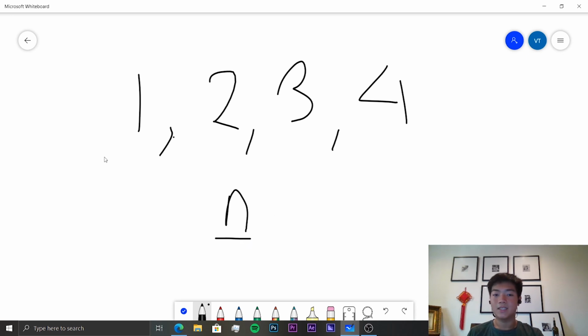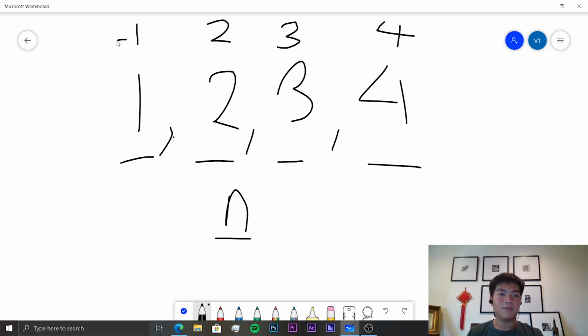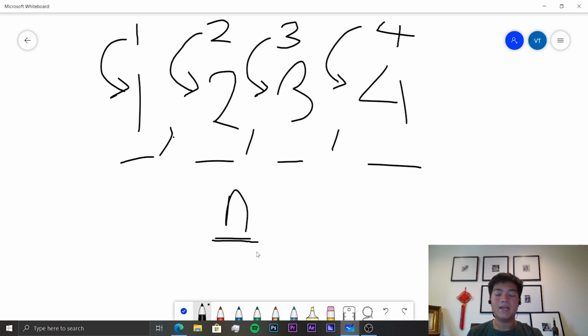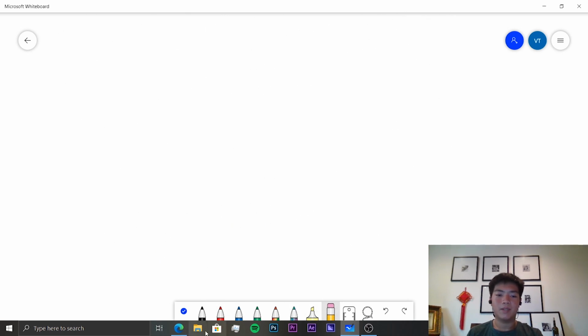Each of the numbers making up this sequence is called a term, and each has a position number. So for example, the first term of this sequence is 1. The second term is 2. The third term is 3. The fourth term is 4. And therefore the rule is, for the nth term of the sequence, the number in the sequence is equal to n.